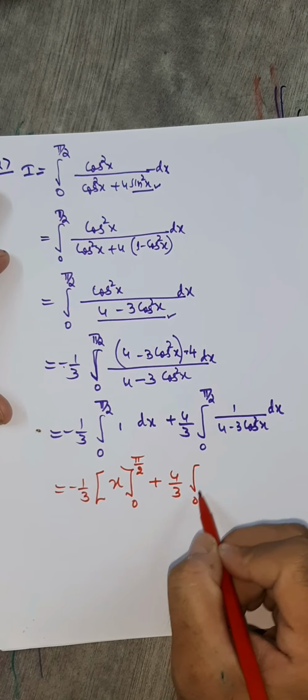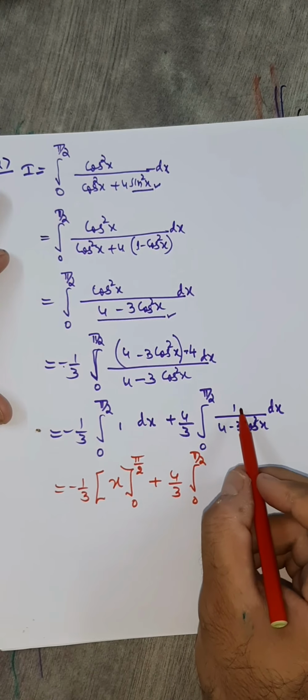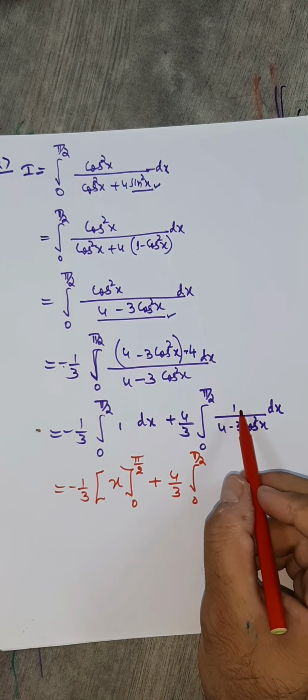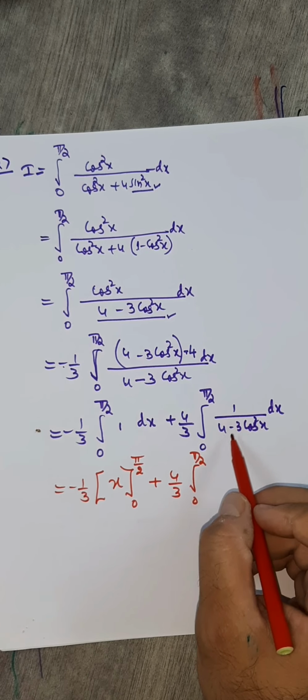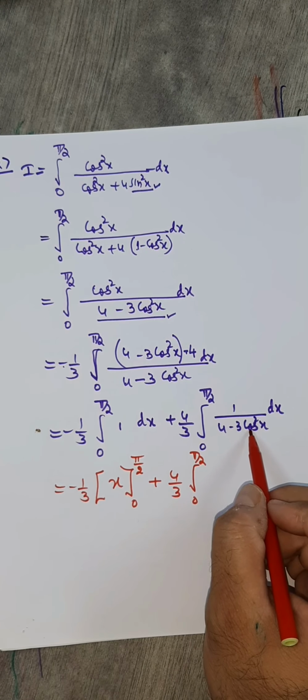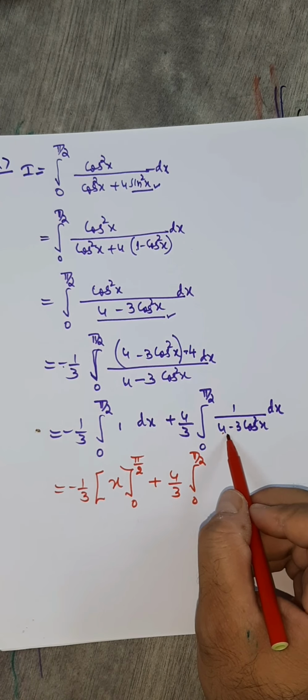Why? You will realize because 1 upon sine square becomes here cosec x square. Here 4 by sine square, which is cosec x square, and this becomes cot square. These also can be reduced in the form of cot.